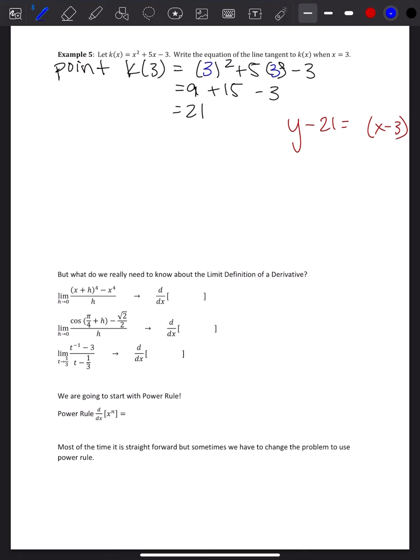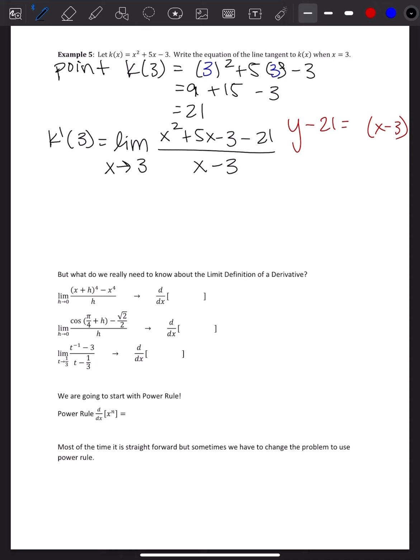So k prime of 3 is going to equal the limit as x approaches 3 of our function x squared plus 5x minus 3 minus our k of 3, which is 21, divided by x minus 3. So this is one of our derivatives at a point.